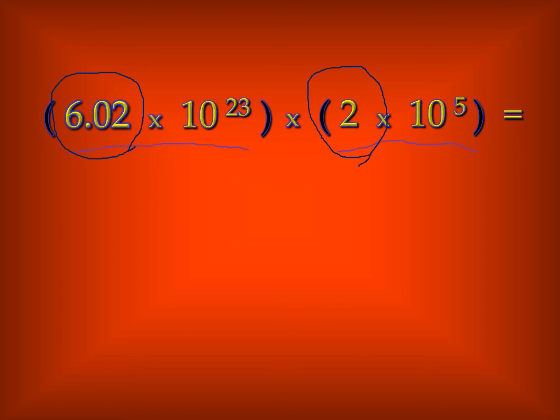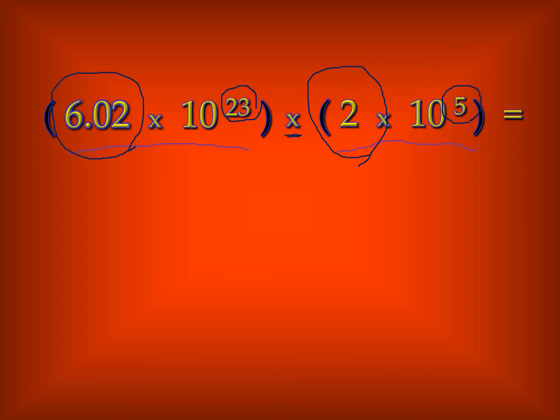So let's see, 6.02 times 2. What would that be? That's pretty easy. 6.02 times 2 would be 12.04. So we know it's going to be 12.04 times 10 to some power. Now, how do we figure out what the power will be? Well, this exponent is 23, and notice that we're multiplying, and this exponent is 5.